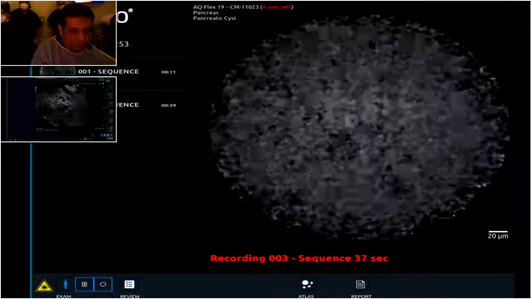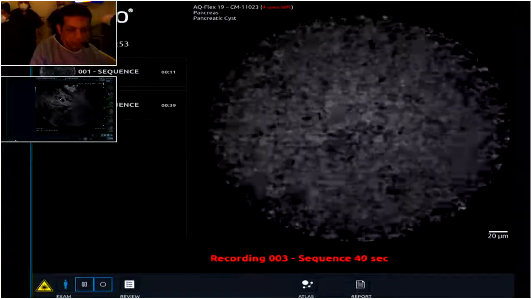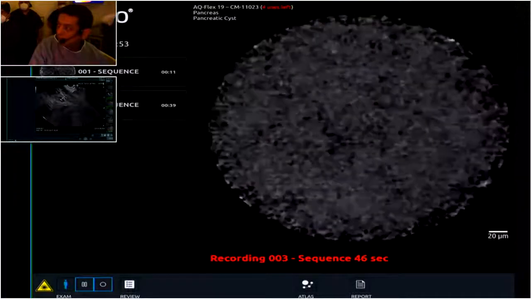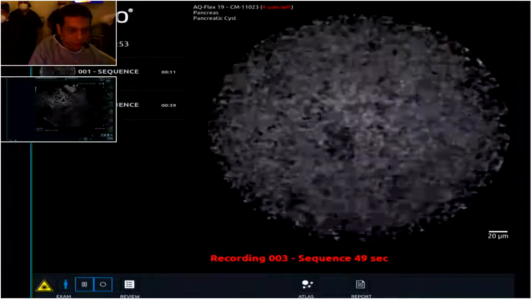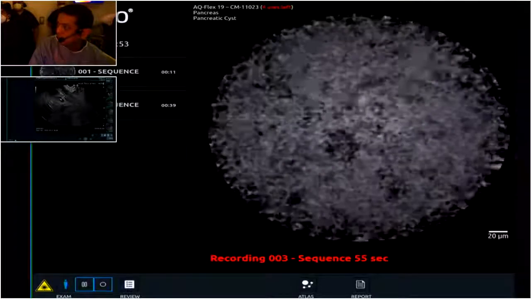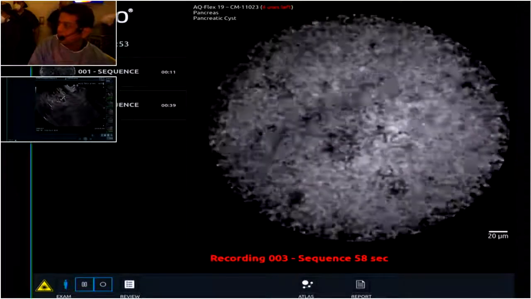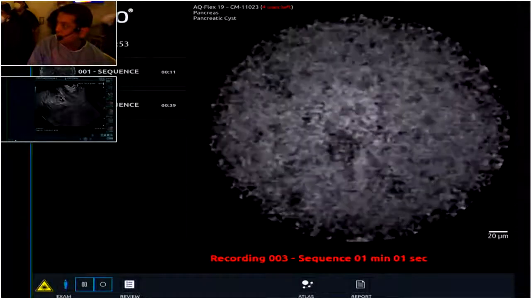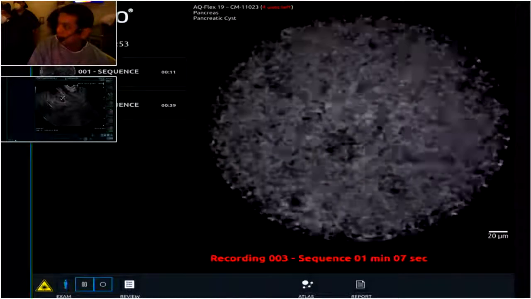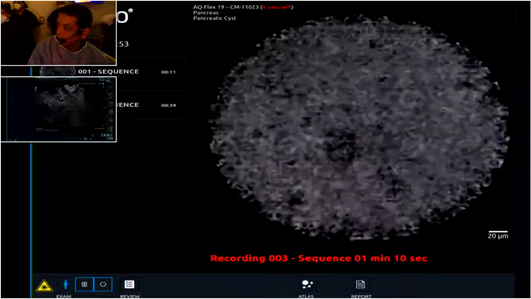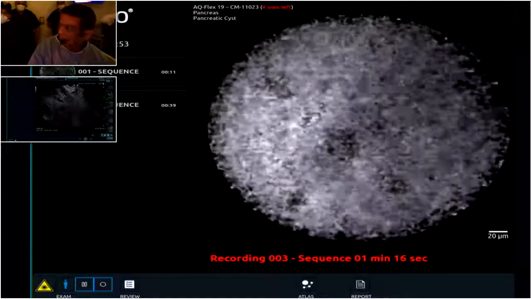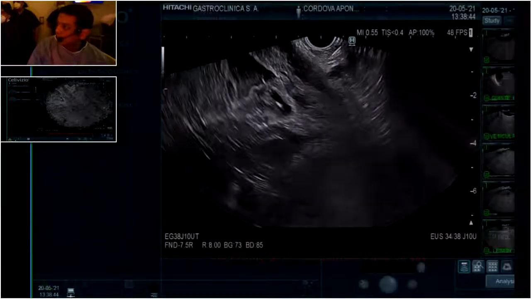Any kind of visualization. Very heterogeneous. And I believe that this is okay. Now I am in a wall, probably. Let's go to see here. We don't see anything. Any characteristic.